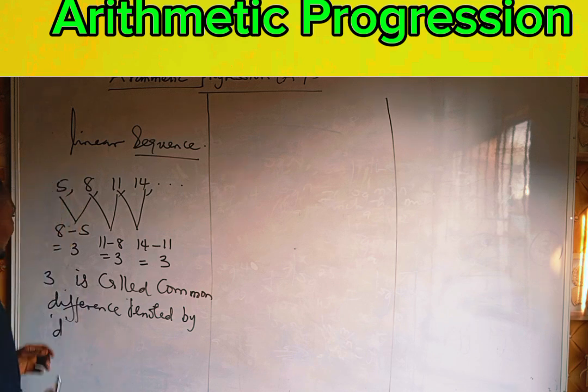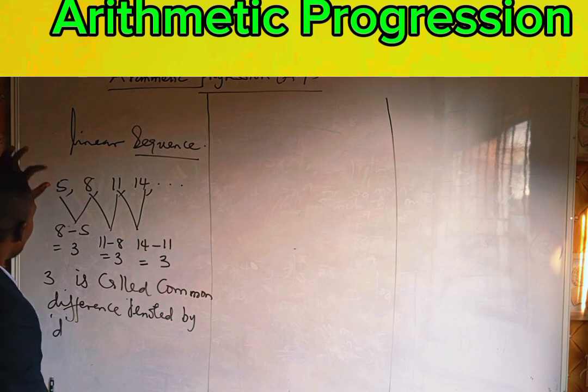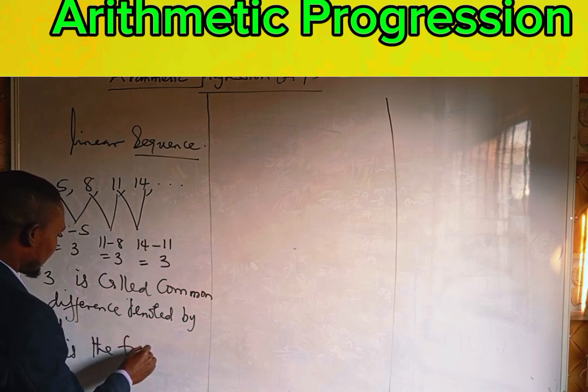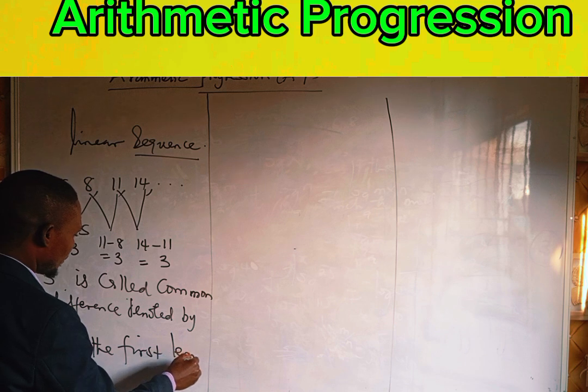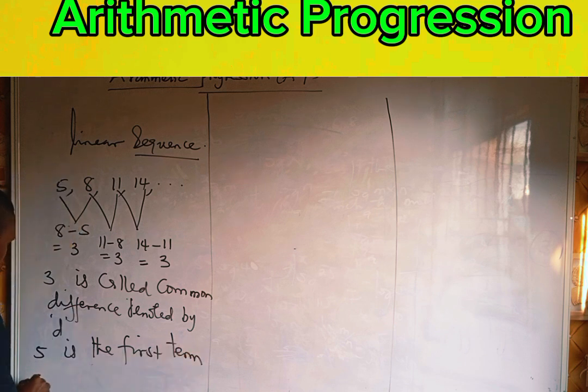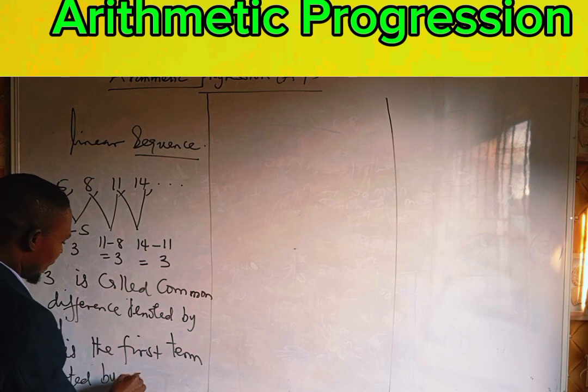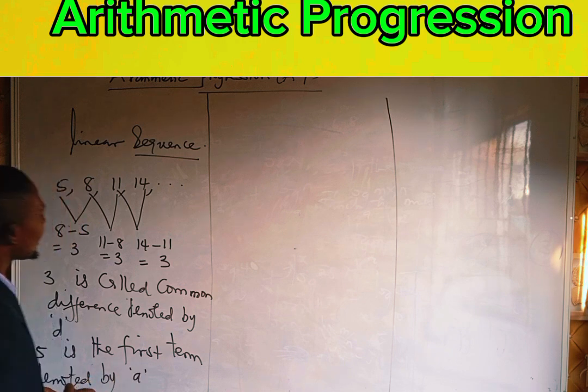Now, the first element here is called the first term. 5 here is the first term, denoted by small letter a.